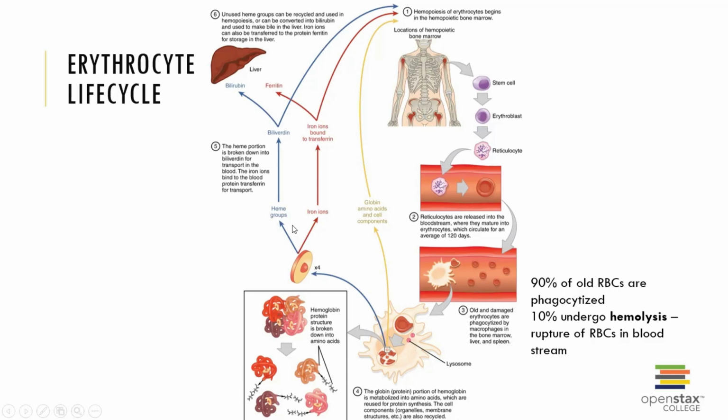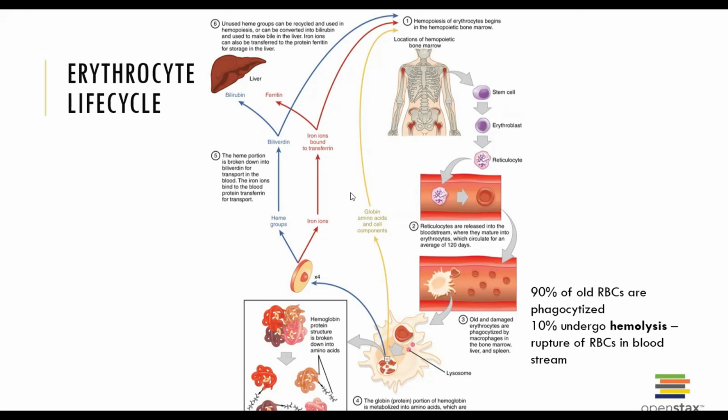That iron is stored in the liver, and the green pigment is called bilirubin. Here's the bilirubin. Then the amino acids form the globin and are recycled and used by the body cells to make more hemoglobin or other important proteins, and then the process starts up again. Okay, so that's how that process looks. We call that the red blood cell or the erythrocyte life cycle.